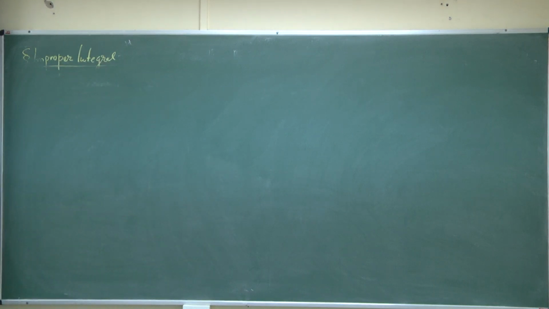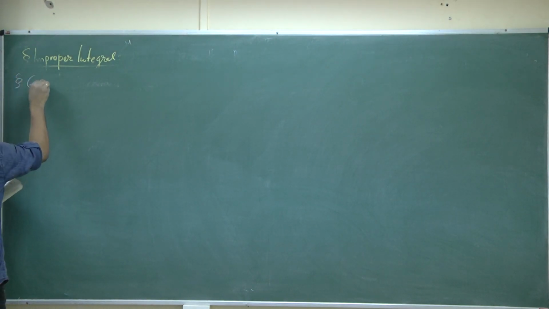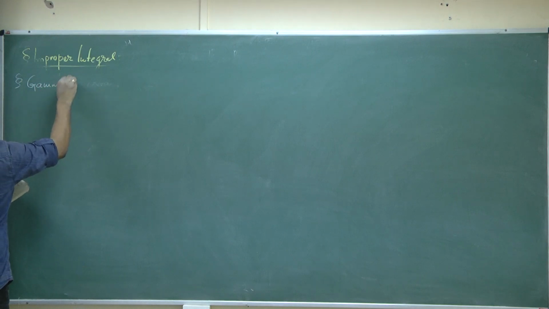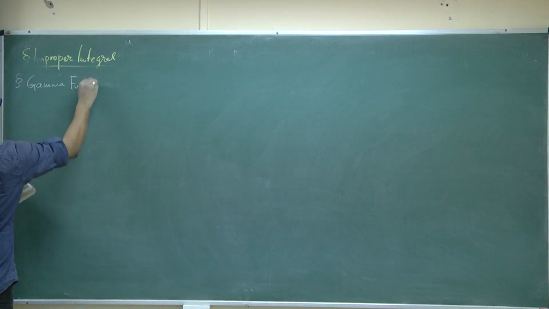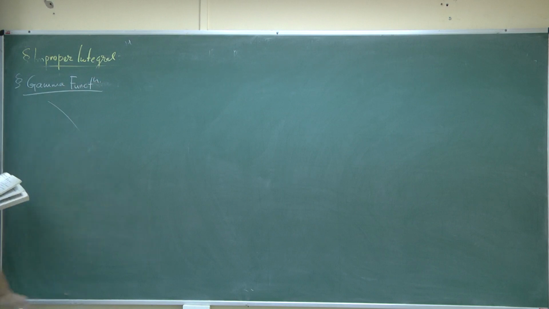So, first of all, we will define the gamma function, which is also an improper integral.